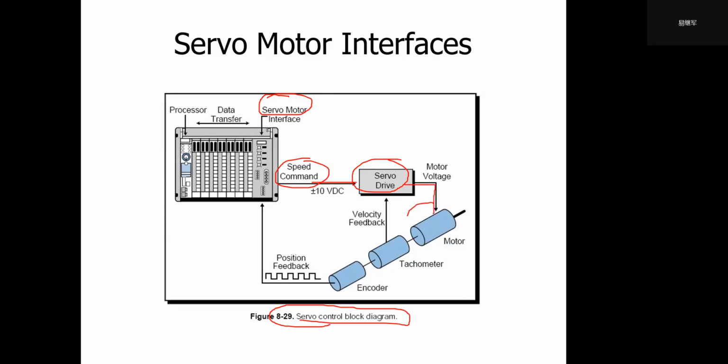The servo drive drives the motor, and the speed is fed back by the tachometer, and the position is fed back by the encoder.